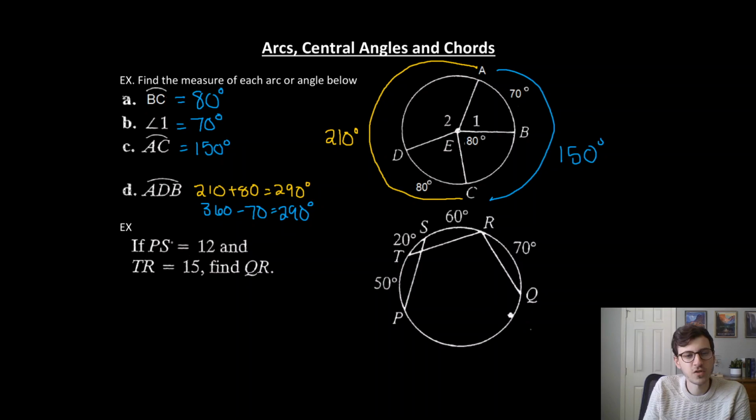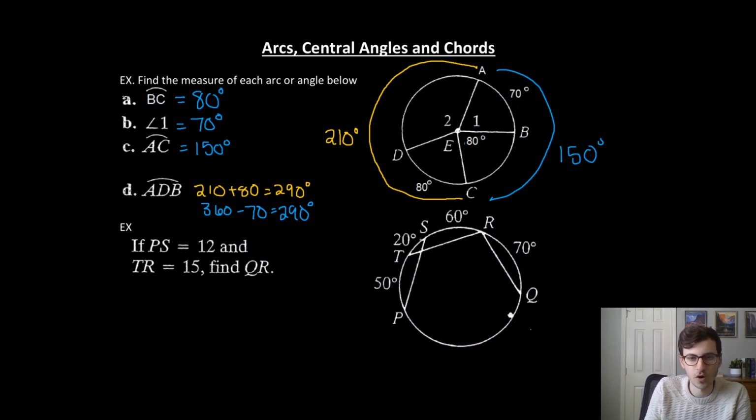Okay, let's look at another example. If PS is 12, and TR is 15, we want to find QR. So we need to look at all of these angle measures here. What are they telling me? Well, I know that this is 50 degrees and this is 20 degrees.